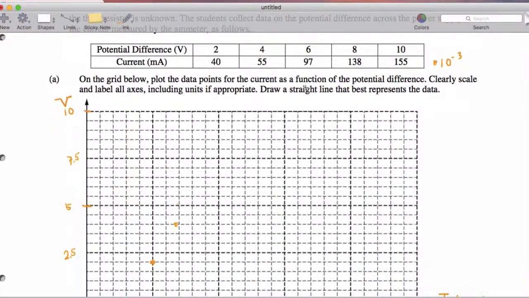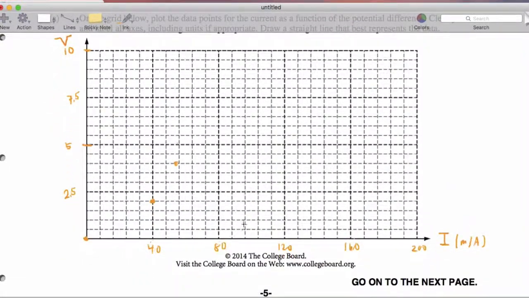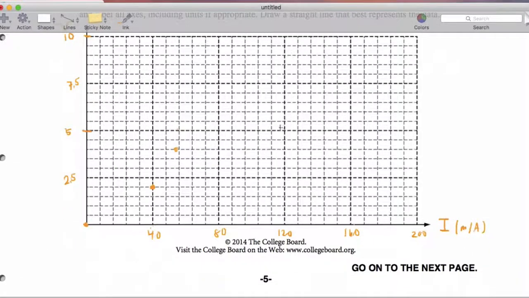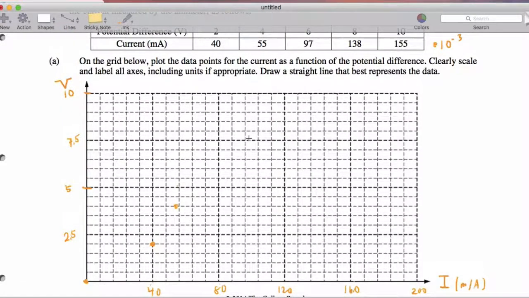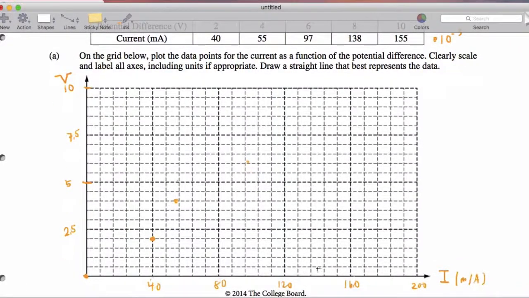Then at a current of 97, we'll be at a voltage of 6. So 88, 96, 97's a little bit right there. And we'll be at a voltage of 6. So that works. And then at 138 to 128, 136, that'd be 140.